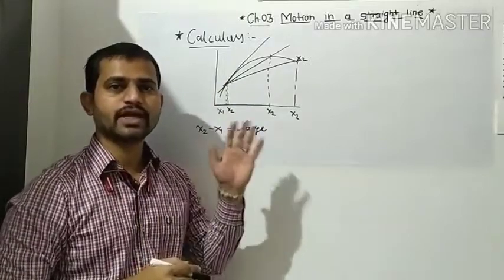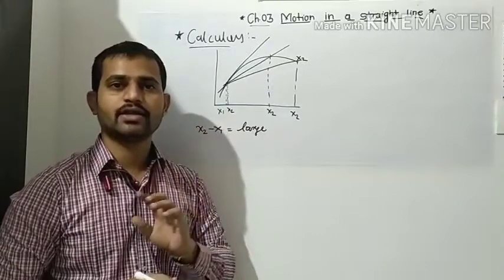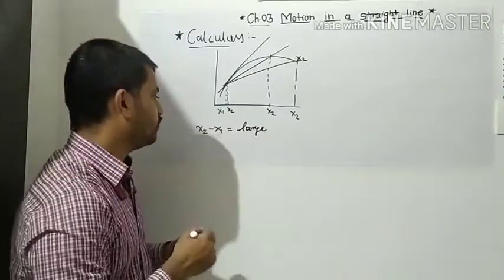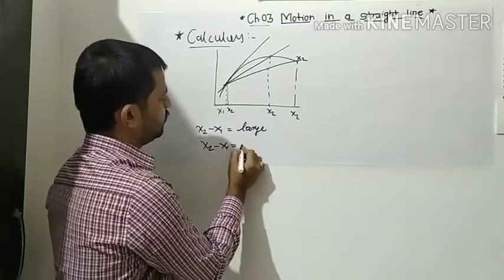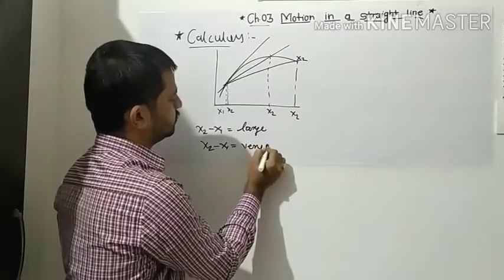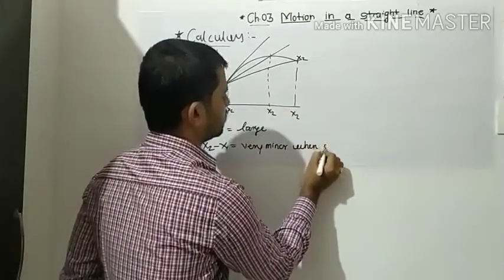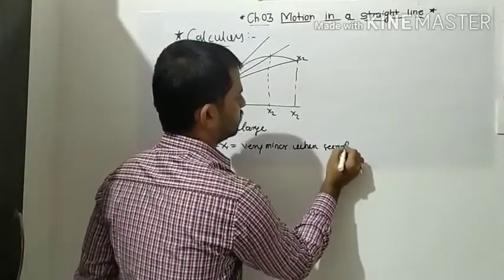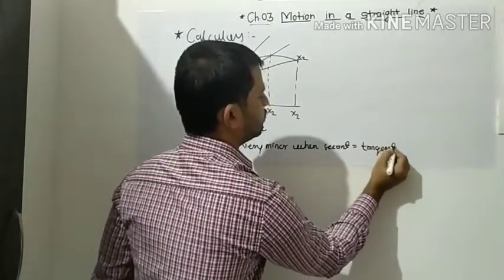So when the secant is almost tangent to that curve, we get a very minor difference: x2 minus x1 is very minor when the secant is equal to the tangent.